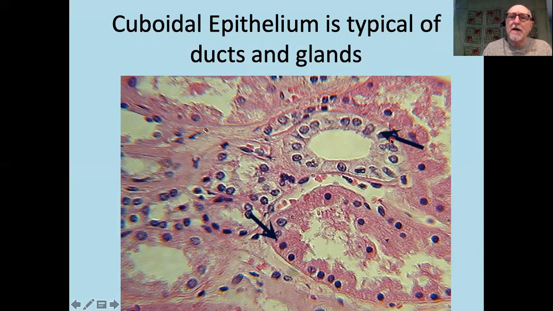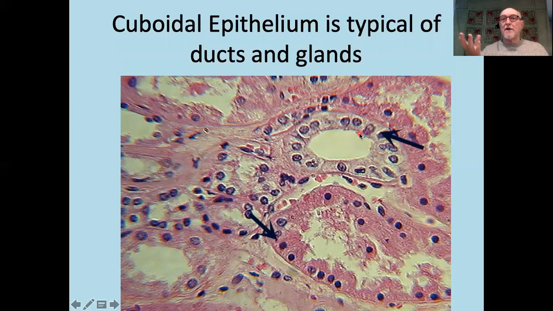This is probably, I would think, salivary gland. And just have a look here. Can you see the circle of cells? You can see the nuclei there, all the way around. So we've got these square-shaped epithelial cells, and they're surrounding a space in there.